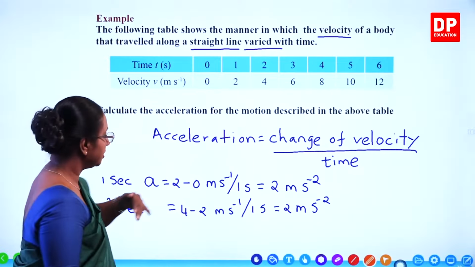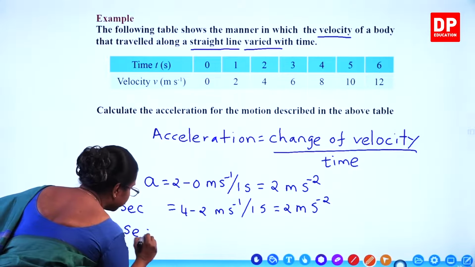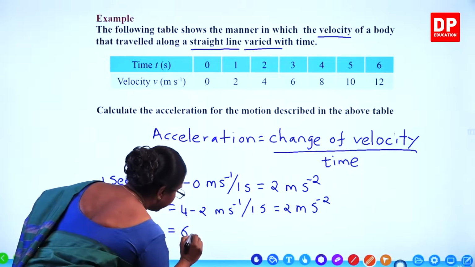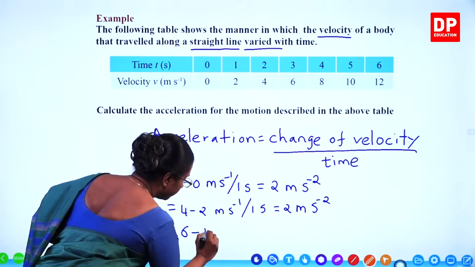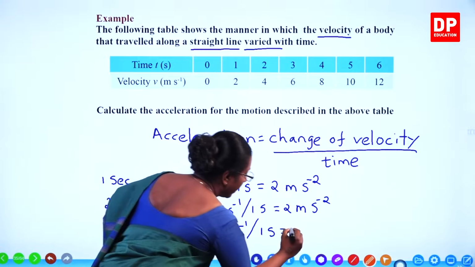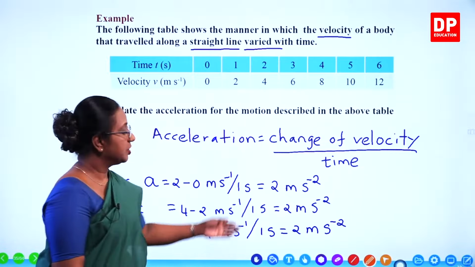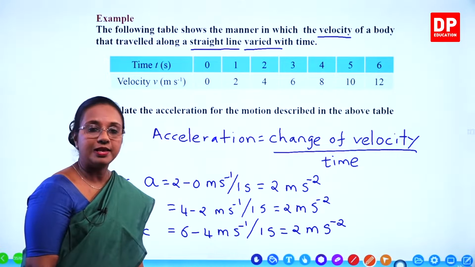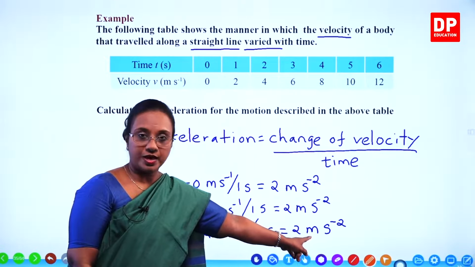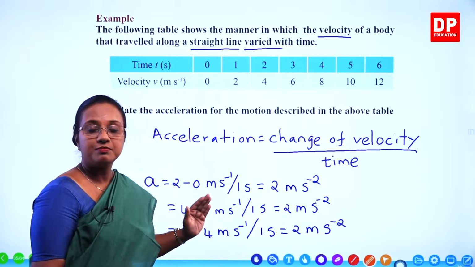Similarly, you can continue calculating. We will do one more calculation. For the third second, again you can see final velocity 6 and initial velocity 4 meters per second divided by 1 second. The acceleration will be 2 meters per second square. So here you can see all the values have the same magnitude, 2 meters per second square. And since it says in a straight line, it is in the same direction.